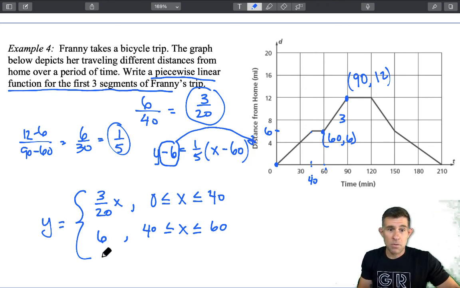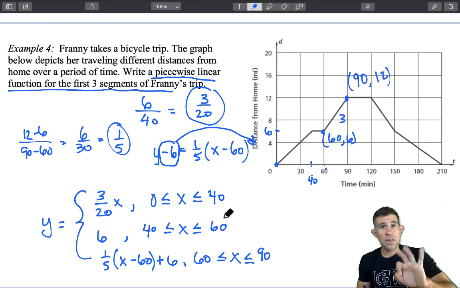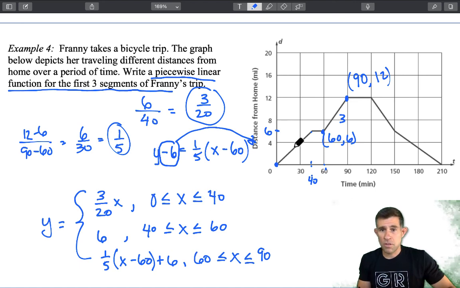So this is going to give me y equals 1/5 times the quantity x minus 60, plus 6. Now this interval is going to be where x is greater than or equal to 60 but less than or equal to 90. All right, so those are 3 linear equations for the first 3 segments describing Franny's trip.